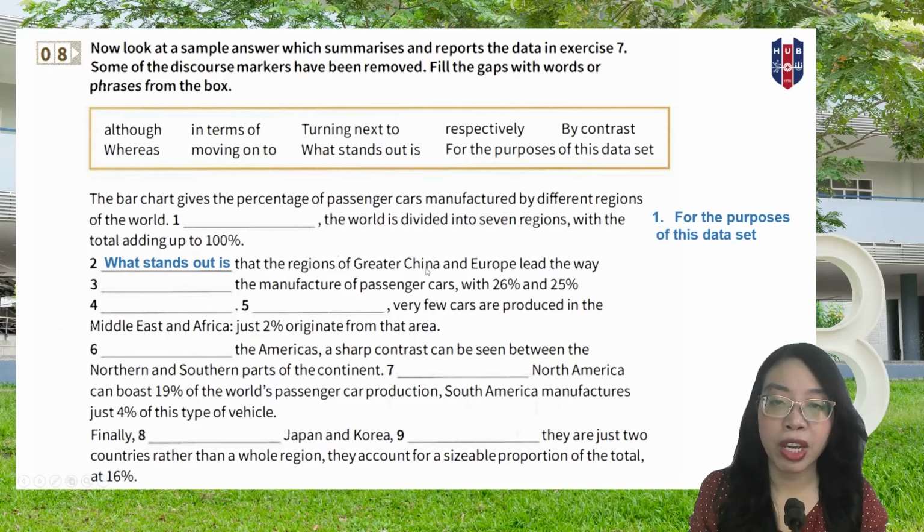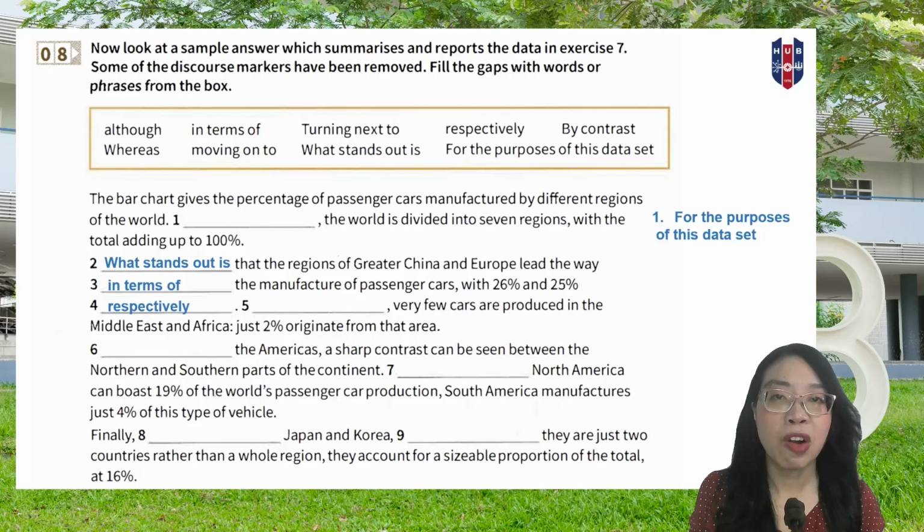For number 3, "Greater China and Europe lead the way in terms of," in the criteria of. Remember, "in terms of," we need to have "of" here. And then for number 4, we should say "respectively."